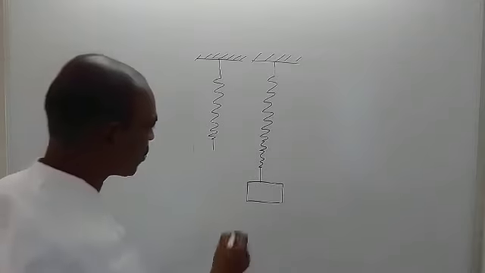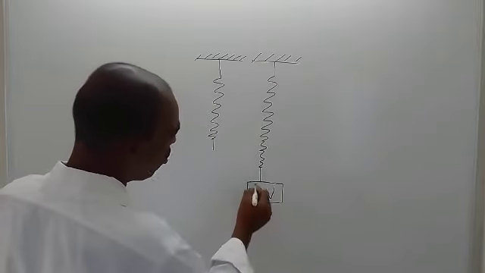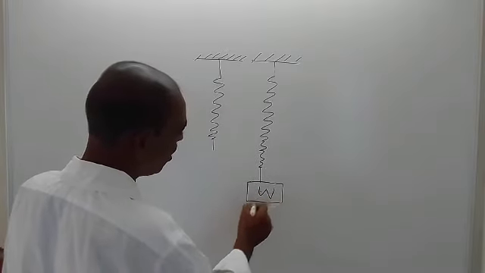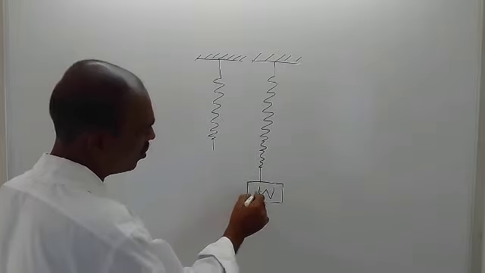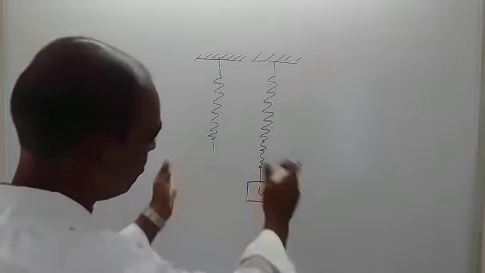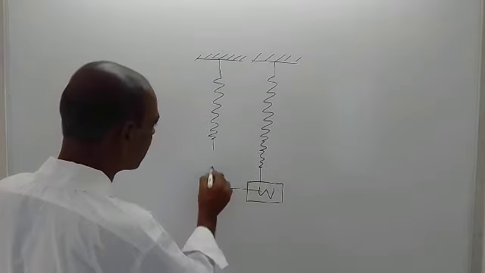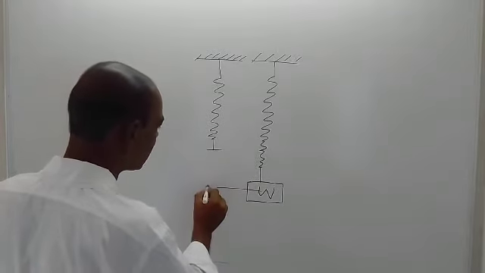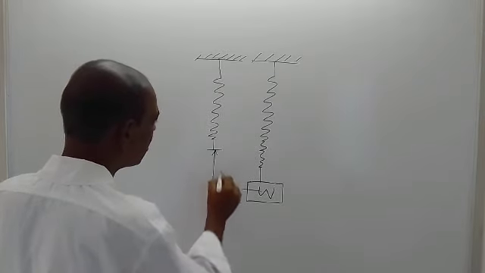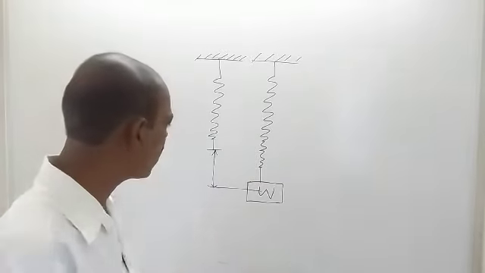Say the weight is W. The elongation will be measured from the intersection point of the two diagonals of this rectangular weight. From here to here, this distance is due to the attachment of this weight W.